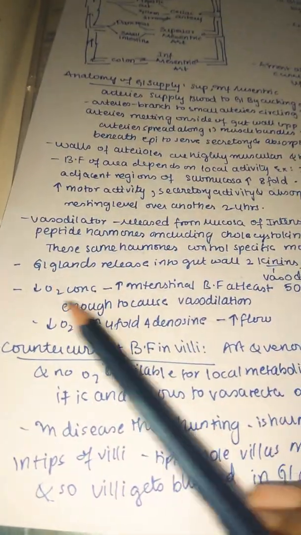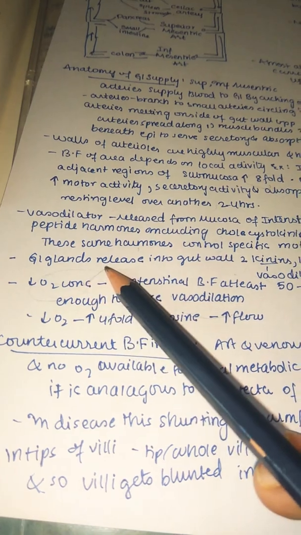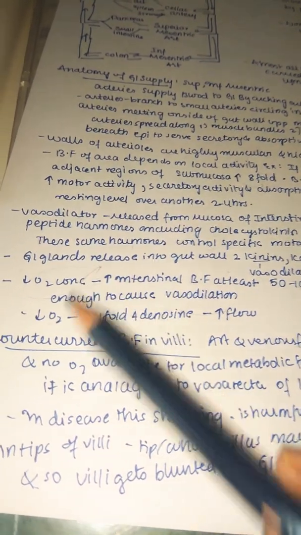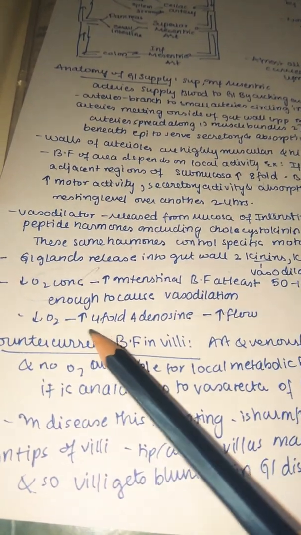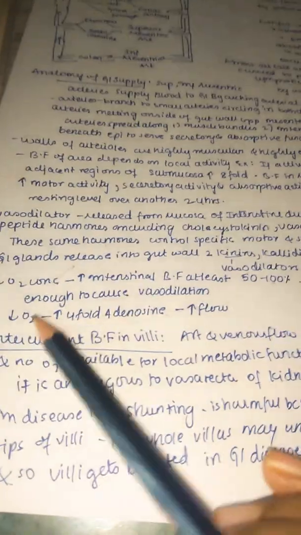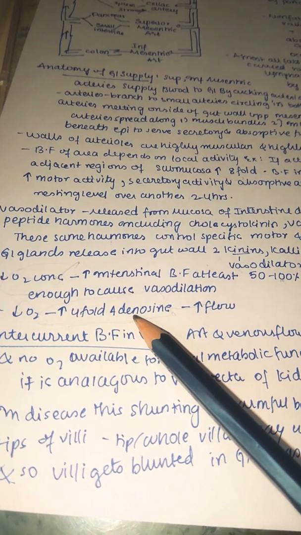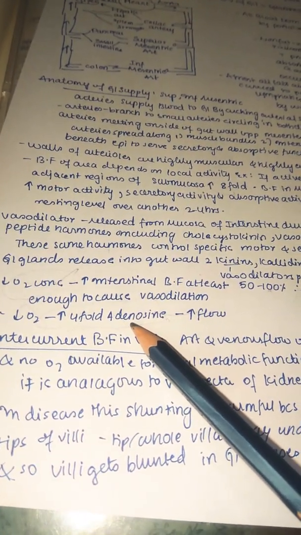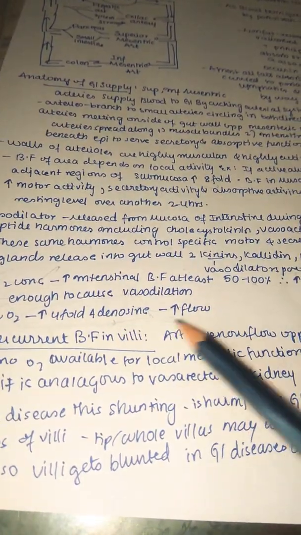So always remember, when the oxygen concentration decreases, it leads to vasodilation, and in turn, like a compensatory mechanism, leads to increase in blood flow. Whenever there is a decrease in oxygen, there is a fourfold increase in adenosine. Adenosine is a powerful vasodilator, as we have already seen in our coronary circulation, right? So when adenosine is increased, the blood flow to the GI system is again increased.